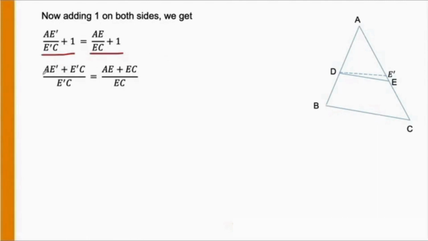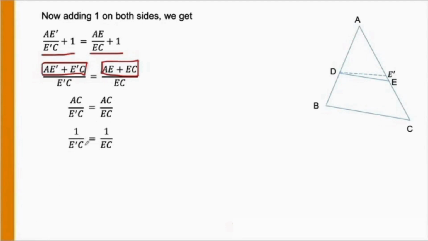And now if you look at AE dash plus E dash C, you will see that AE dash plus E dash C gives the whole line AC. Similarly, AE plus EC also gives you AC. And so we get AC upon E dash C is equal to AC upon EC. That means we get 1 upon E dash C is equal to 1 upon EC.